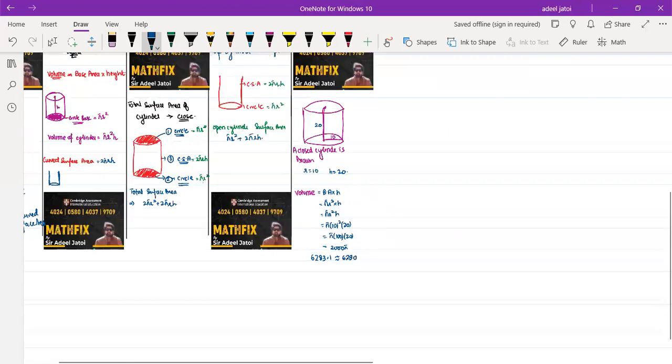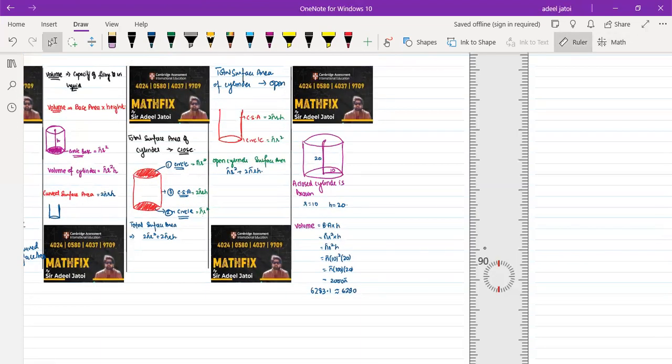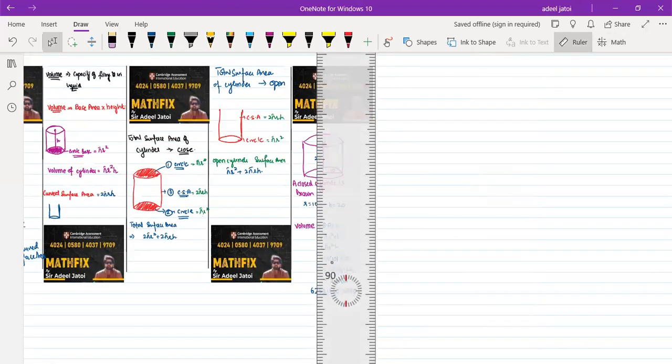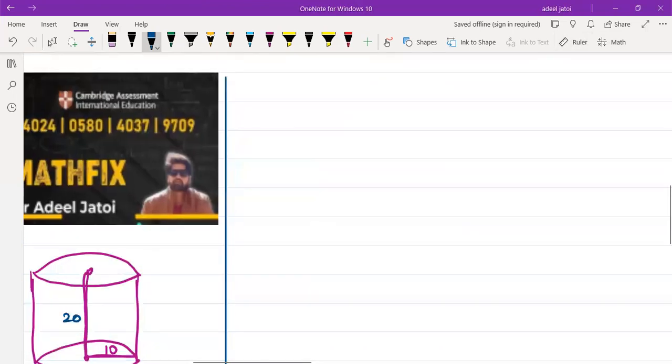If you want to find out the curved surface area. Now, generally the curved surface area is what? 2 pi r h. Why? Obviously, the perimeter of the circle, which is the circumference, and the height.